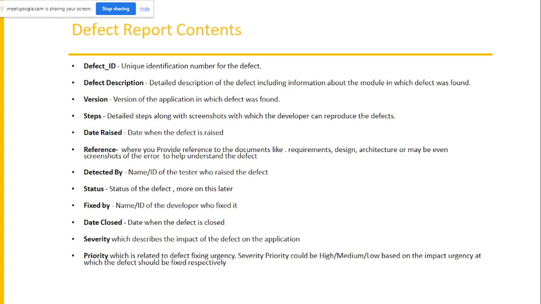Okay. Next, defect description. A detailed description of the defect, including information about the module in which the defect was found. That means you have to write a few words about the defect: in which module you found that defect, and why.